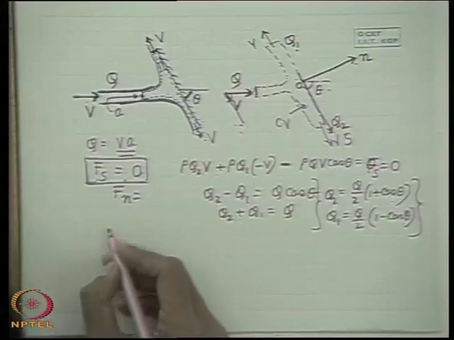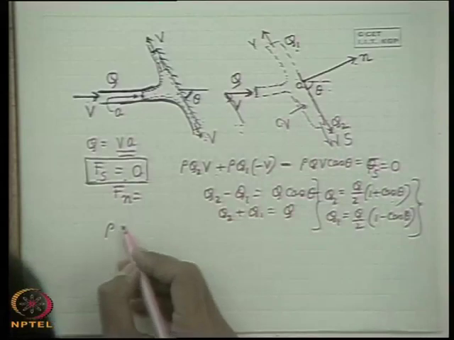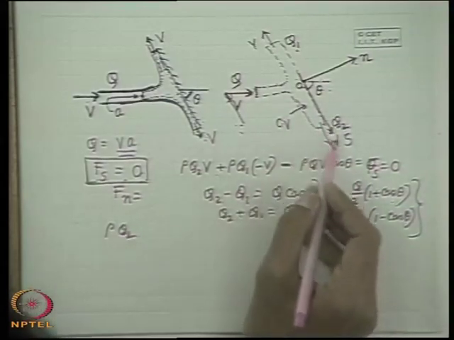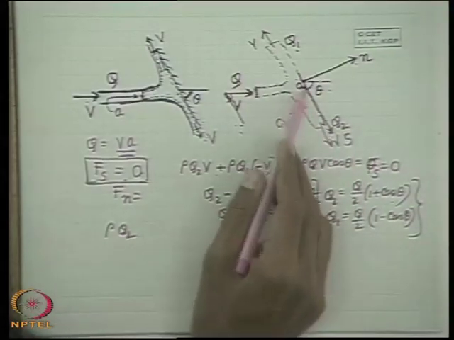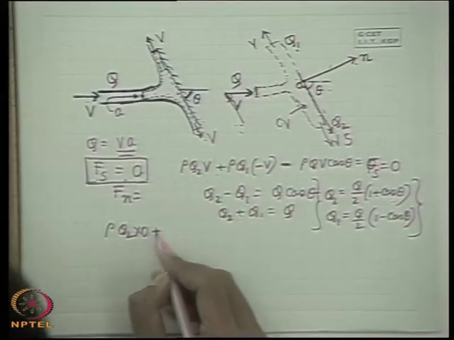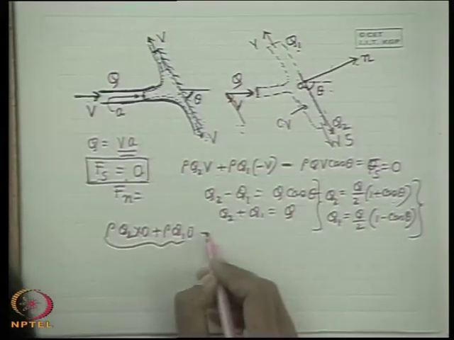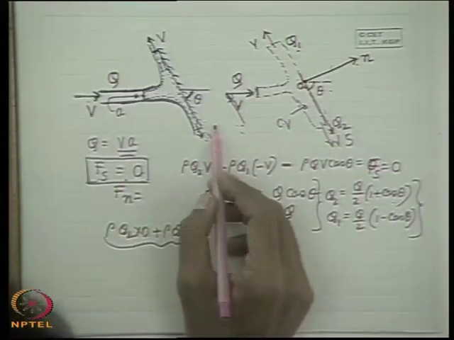Well, so what is that? Please tell me. Rho q2, now velocity v, so we have to find out it is 0, that means 0, plus rho q1 times 0, that means no efflux, minus the influx. What is influx?